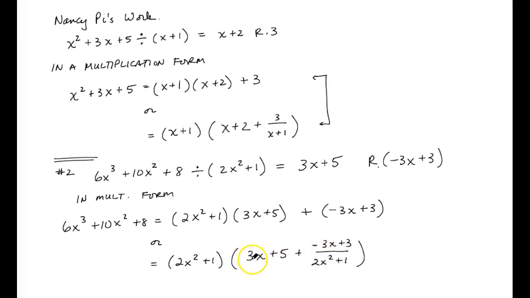You can sort of see that by distribution. You think of this term distributing there and there. So we've got that going on down here as well. And then this remainder shows up once we distribute the divisor. Then the numerator and the denominator cancel, and then there's the remainder. So this would be in the two multiplication forms.